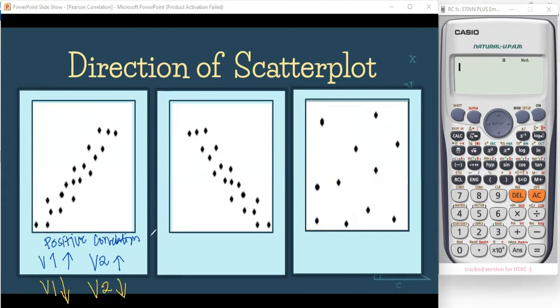So that is positive correlation. Whatever the movement of variable 1, that is also the movement of variable 2.